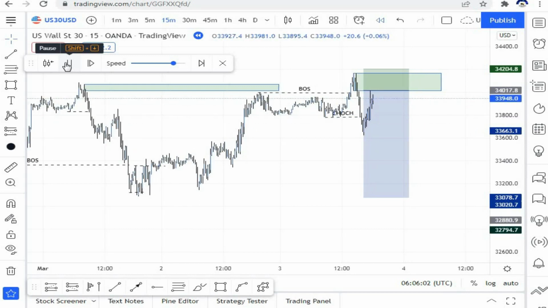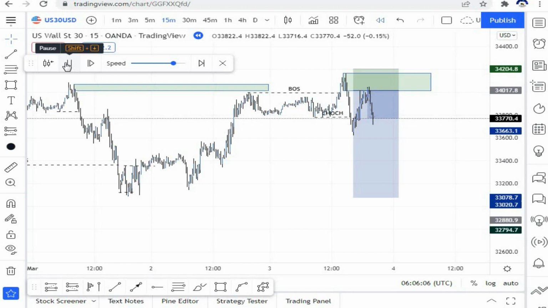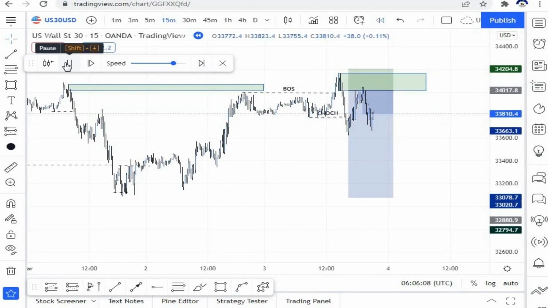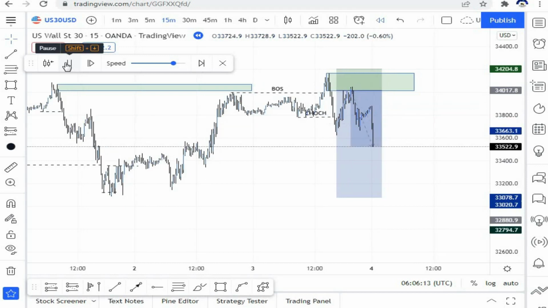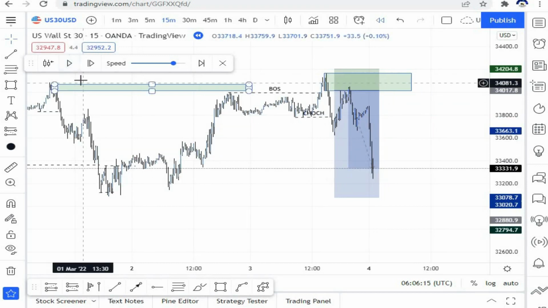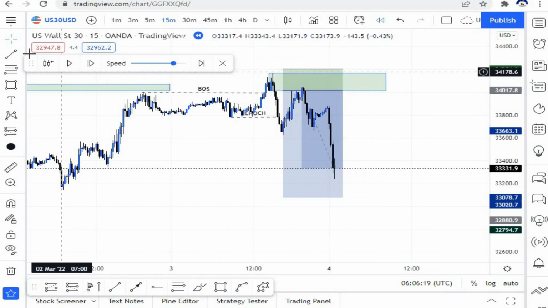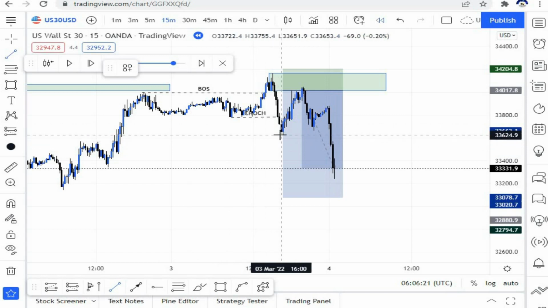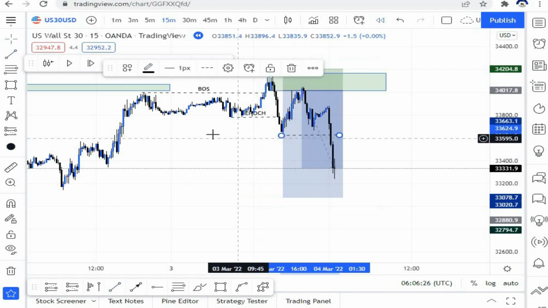As you can see, price coming back, going into our entry, we're picking our orders. Now the price is going down. As you can see, okay, price start to go down, and now guys, as you can see, we have this break of structure right there, right? This break of structure.